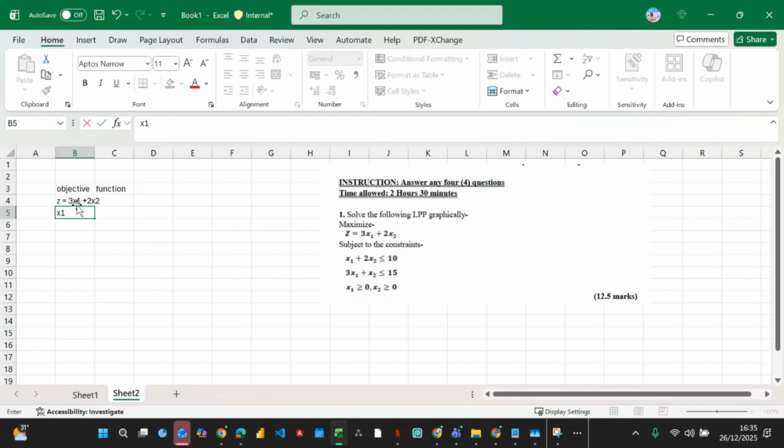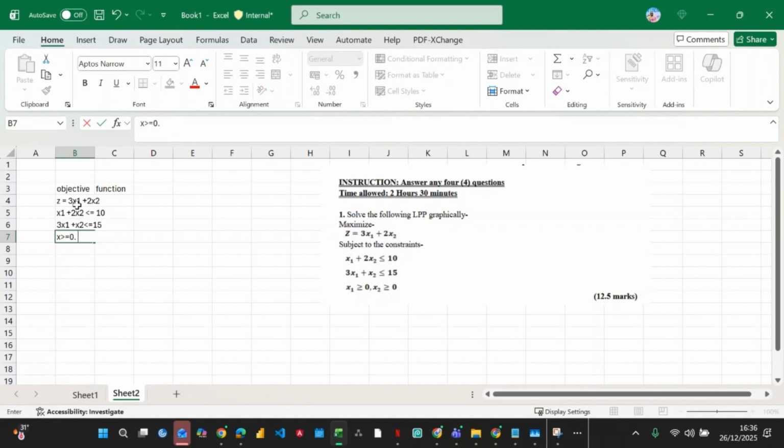Subject to our constraints: x1 plus 2x2 is less than or equal to 10. Then we have 3x1 plus x2 less than or equal to 15.